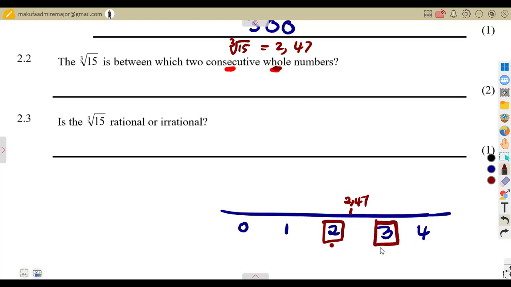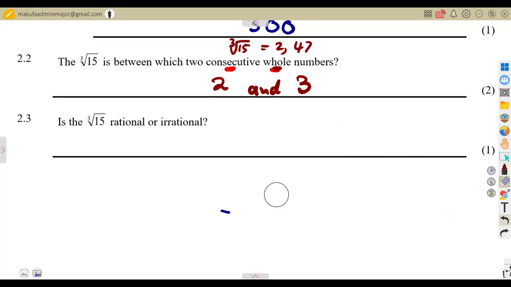It is in between 2 and 3. There's a 2,01, a 2,2, up to 2,47. So these are values which are more than 2. 2 is a whole number. So we are talking about 2 and 3. These are the whole numbers where we are going to find this cube root of 15.